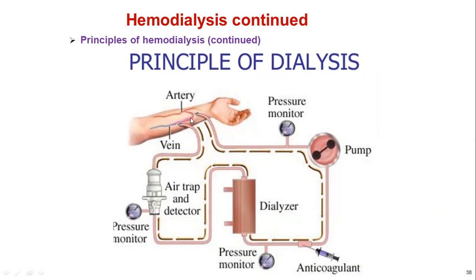You can see the artery and vein are connected to each other, but in our body, only at the heart, lungs, or tissue level do the artery and vein communicate through the arterioles, venules, and then capillaries, not directly, right? So we make a shunt or grafting, and it's called a fistula. The fistula, when we make it, is then attached to the dialyzing machine, right?